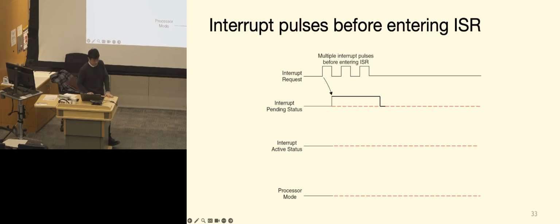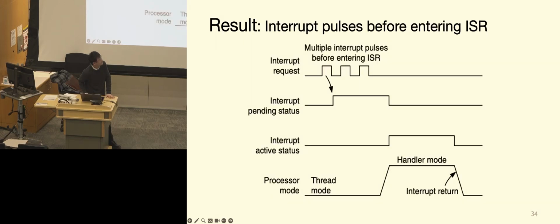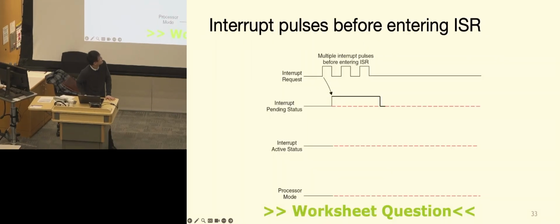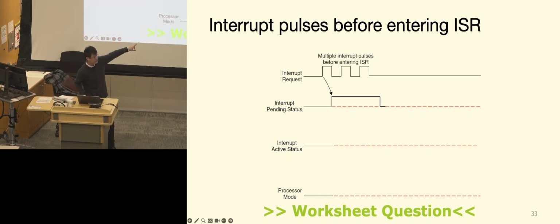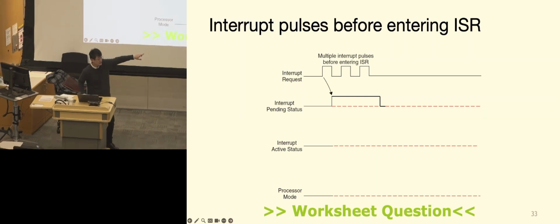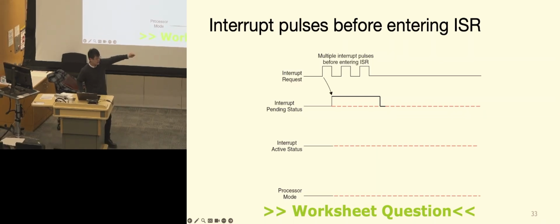Yeah, I understand why the interrupt pending status is so long, but is the processor mode change triggered by the rising edge of the pending status, or no? It is. It just takes the processor longer to actually go to that handler mode.